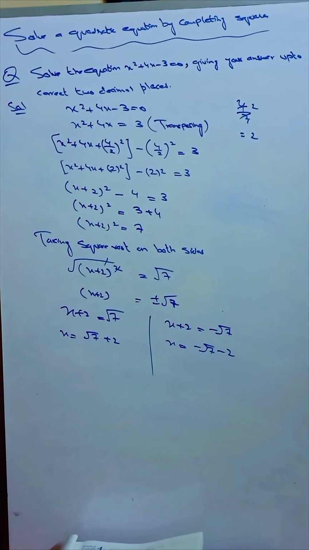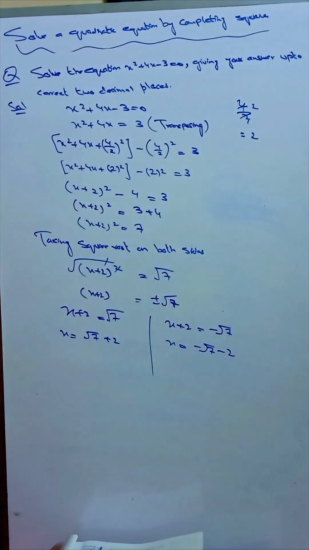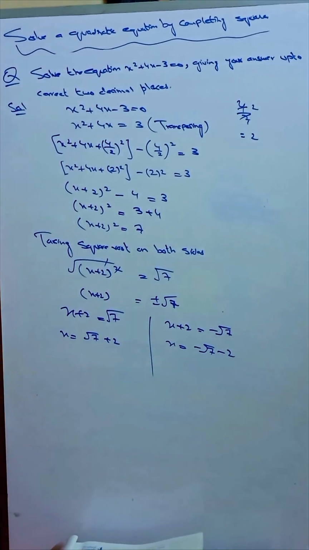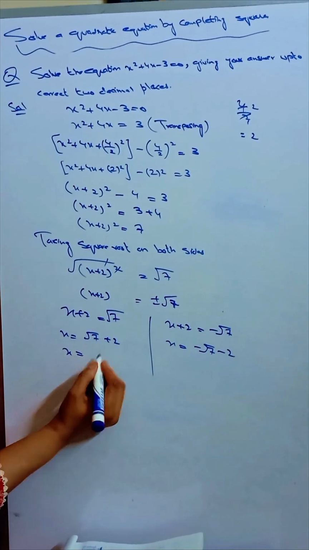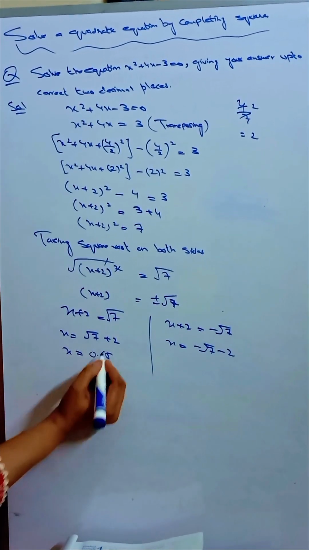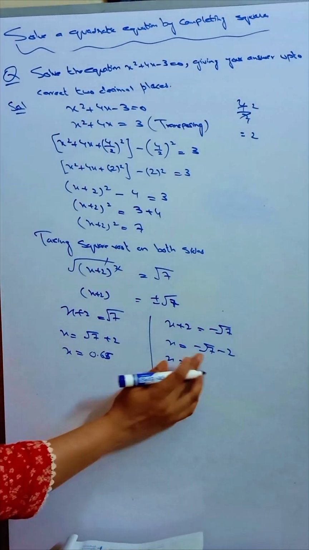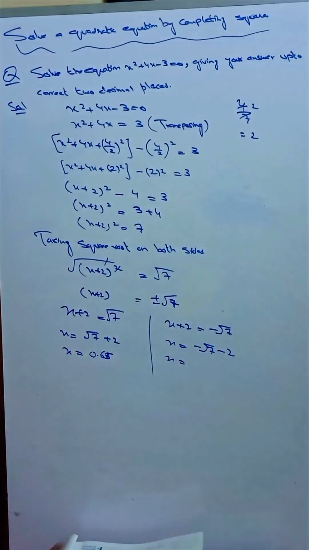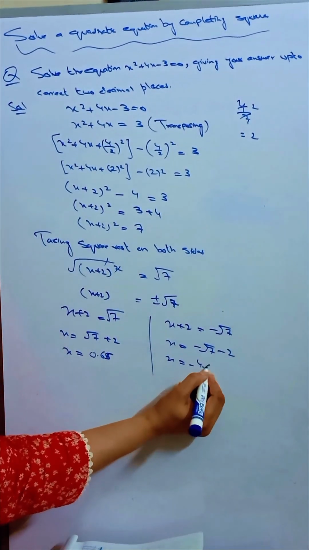Now, use the calculator to find out the value of under root 7, whatever its value is, then add or subtract 2. So it becomes x equals to 0.65. And x equals to, you will take minus under root 7 value and subtract 2. What is the answer? This answer is minus 4.65.